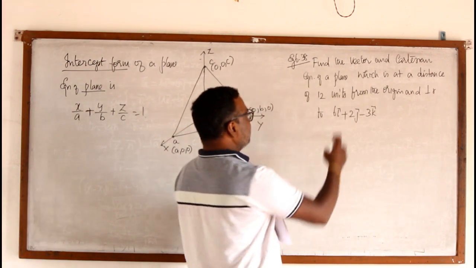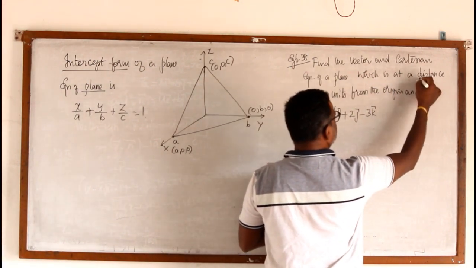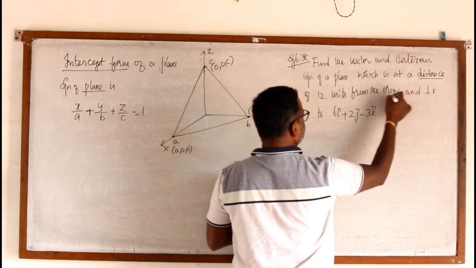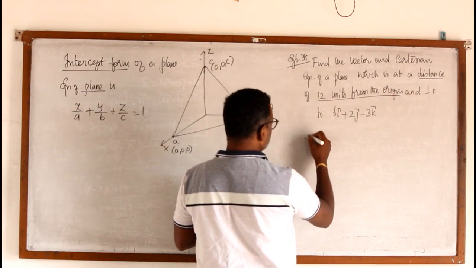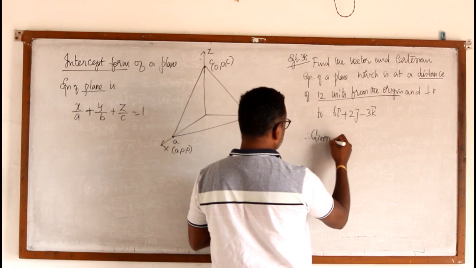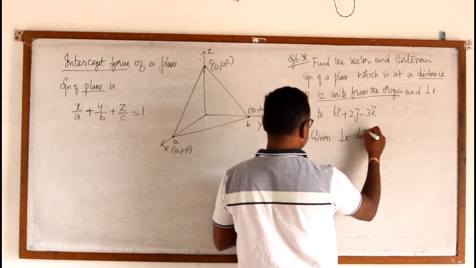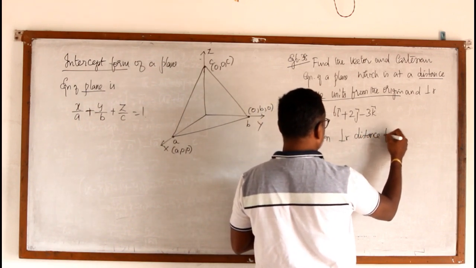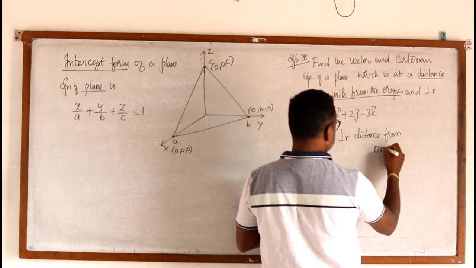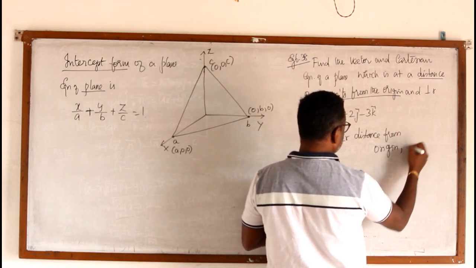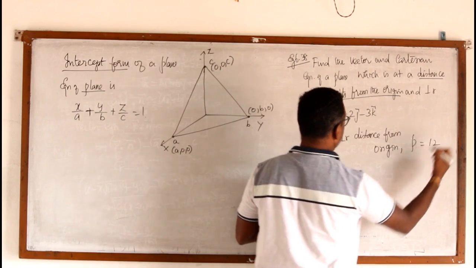Listen here. The perpendicular distance from the origin is given. So the perpendicular distance from the origin means small p, that is 12.